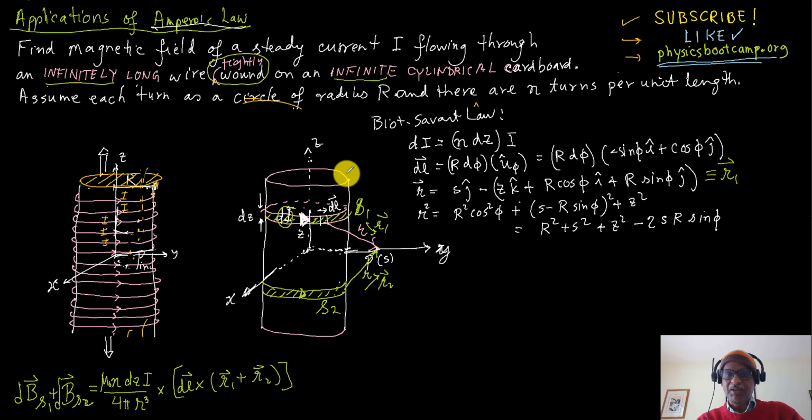We can always do the pair, but here the pair comes because it is symmetric about this O, not because it is infinite. So I can go a distance z below the origin and find another band.